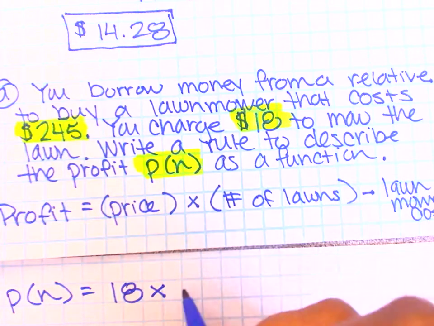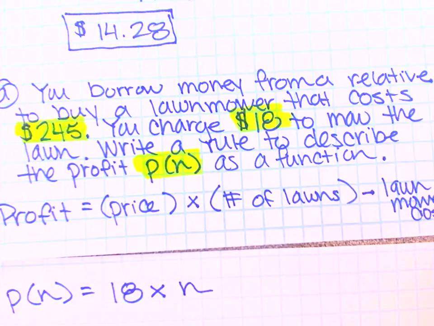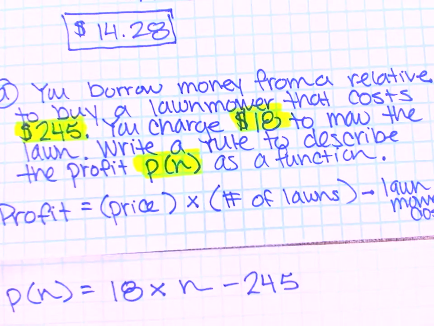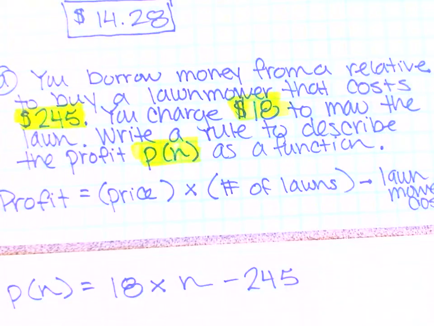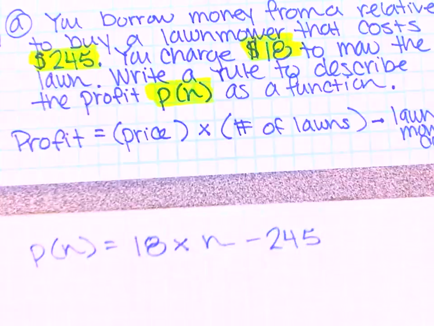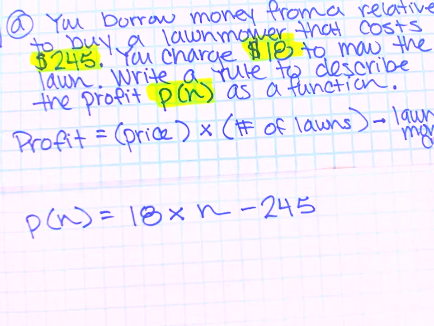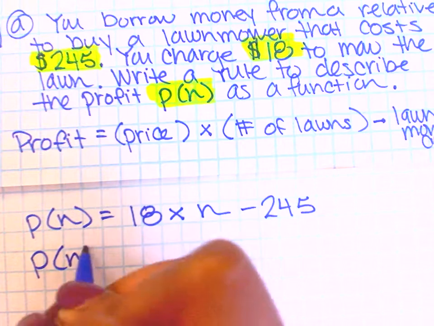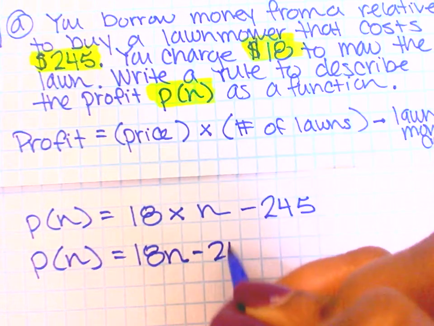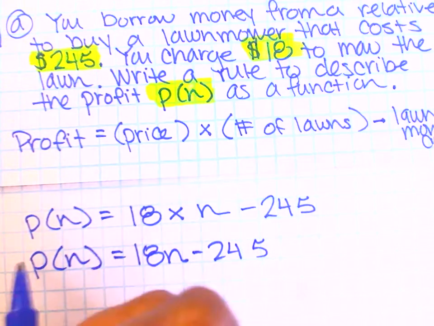I don't know, so that's n. We don't know what that is. And subtract it by the lawnmower cost, $245. Okay, so my profit P of n is going to equal 18 times n minus 245. And that's my answer. We found the equation.